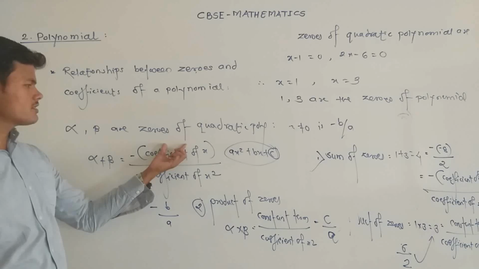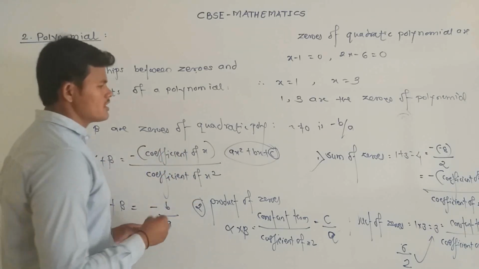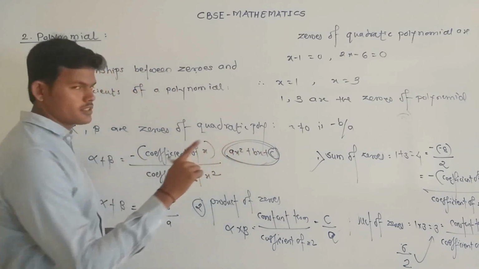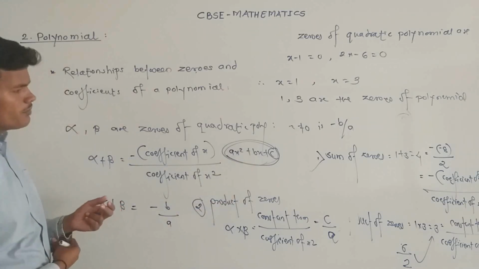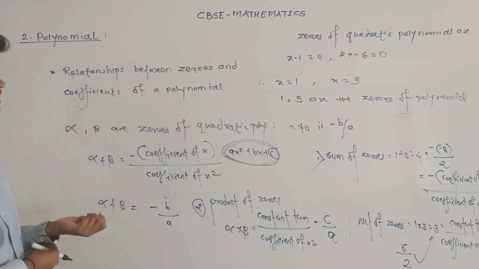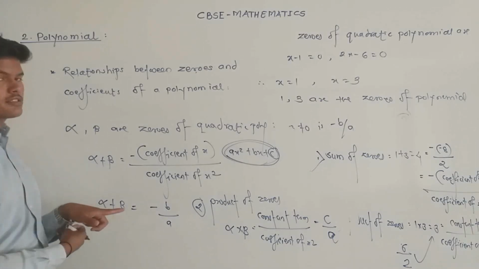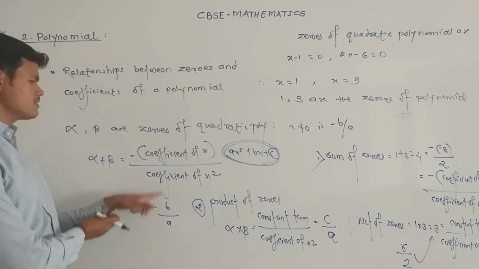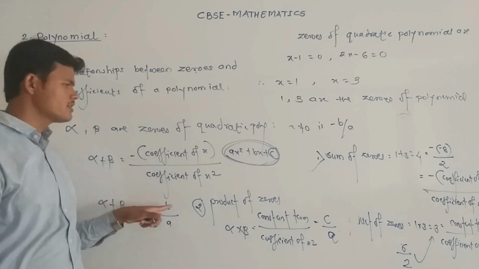The coefficient of x is b and the coefficient of x square is a, because ax square plus bx plus c is the standard or general form of the quadratic polynomial. So alpha plus beta, the sum of zeros, is minus b by a.